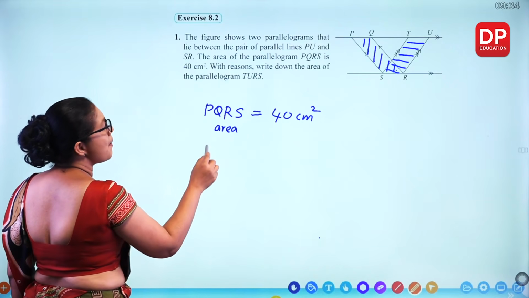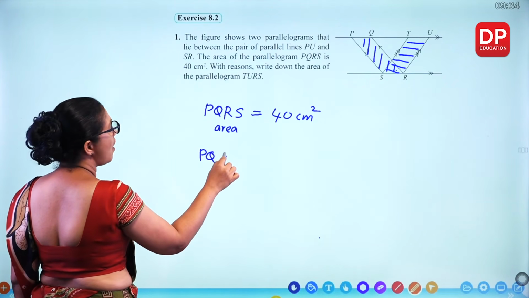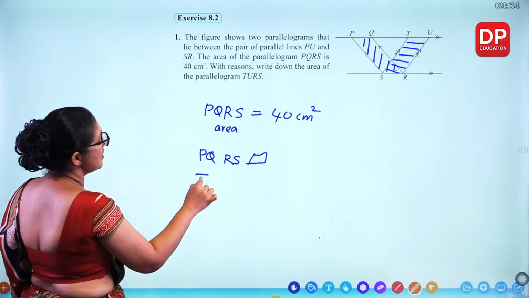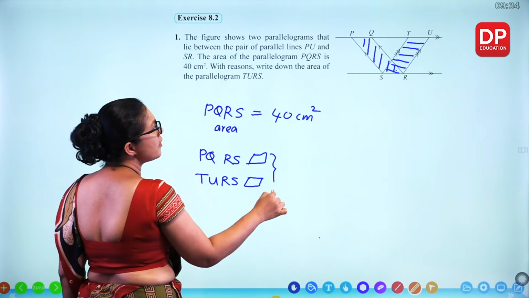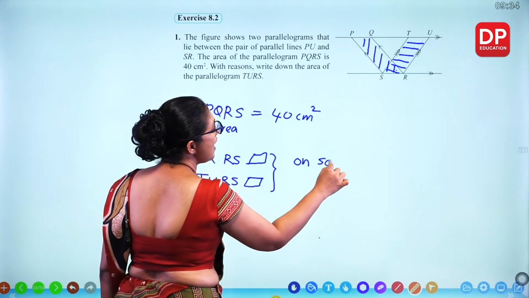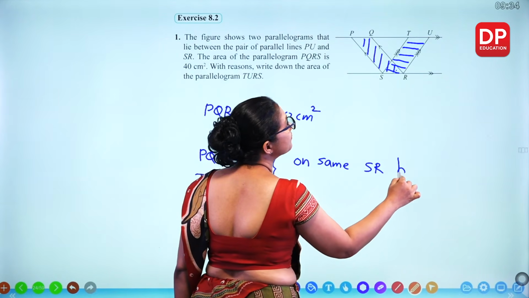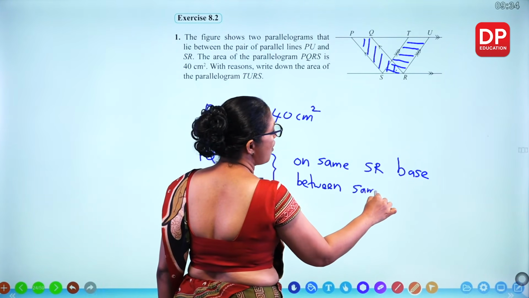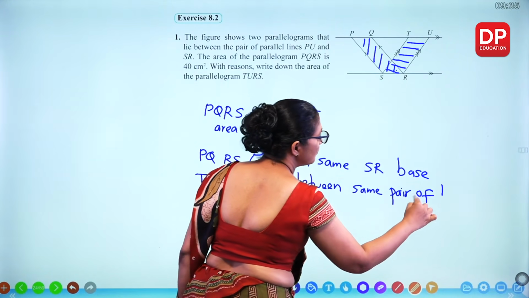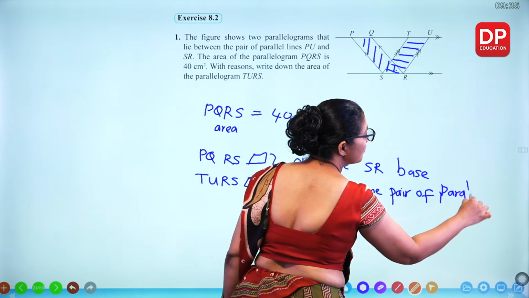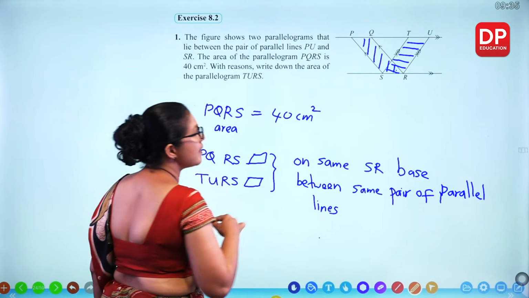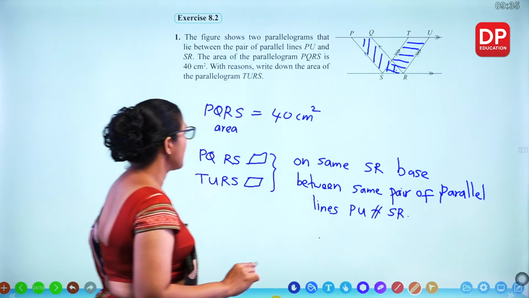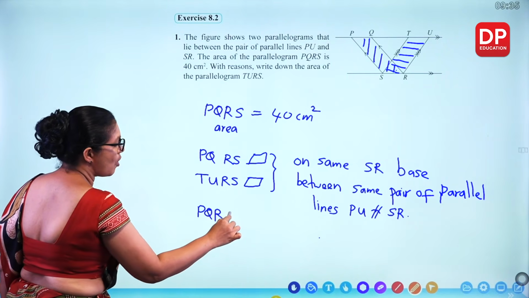So we can say PQRS parallelogram and TURS parallelogram, both on same SR base and in between same pair of parallel lines, PU and SR. Then we know the areas are equal according to theorem.